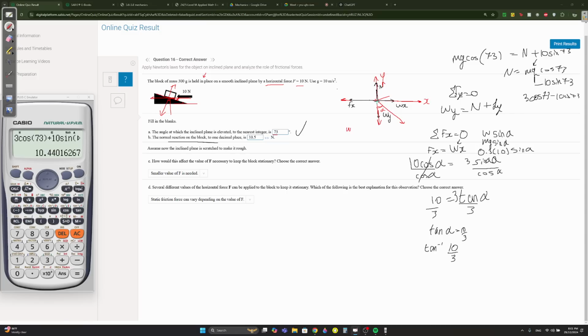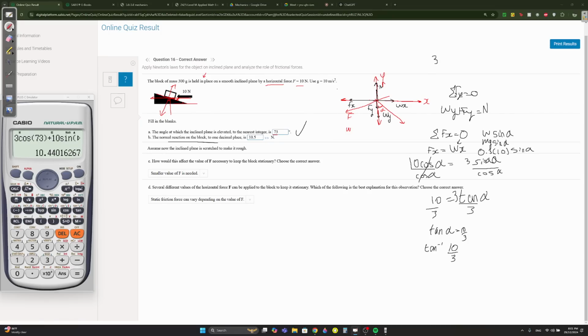So Fy is going to be like this, but Fx is still going to be the same thing. So F is going to be like this, so Fy is going to be down. Here it's the same exact thing. What's down is equal to what's up. So Wy plus Fy is equal to N. Wy is mg cosine theta.